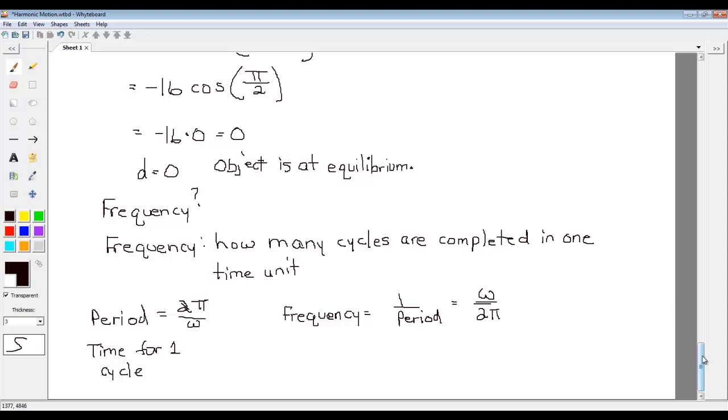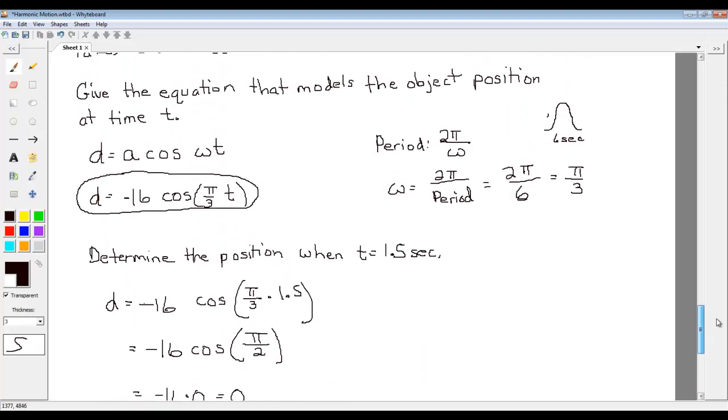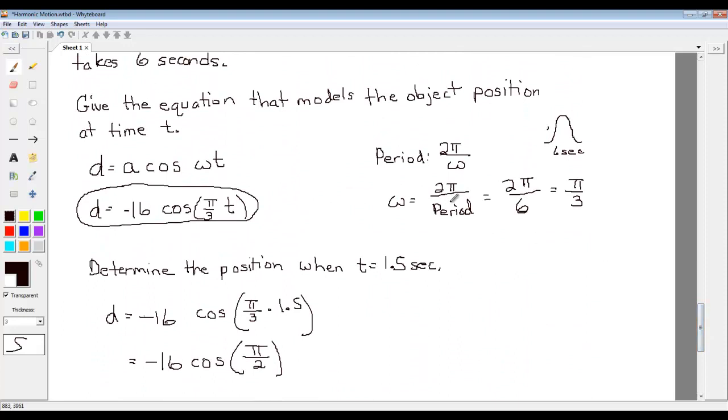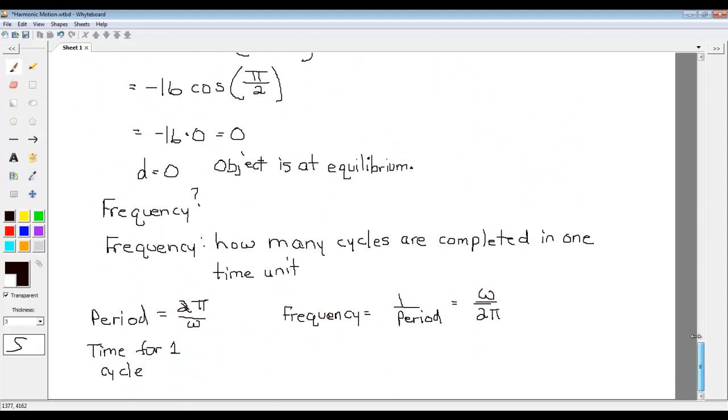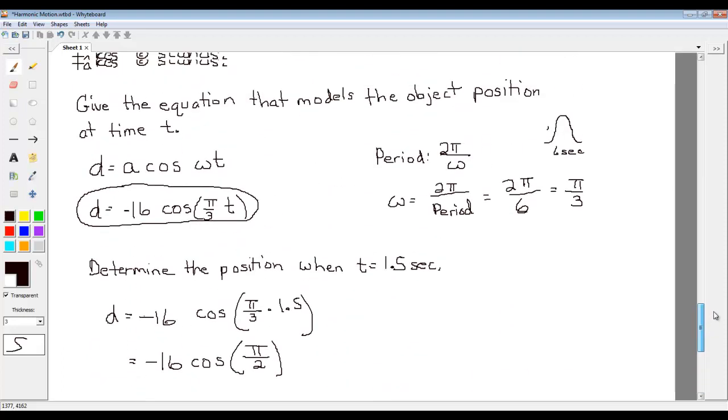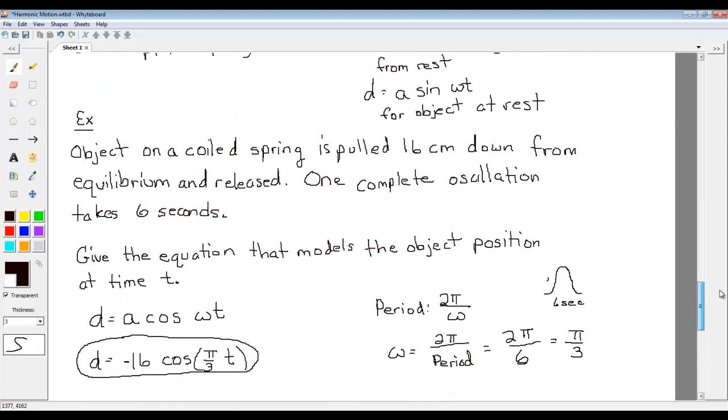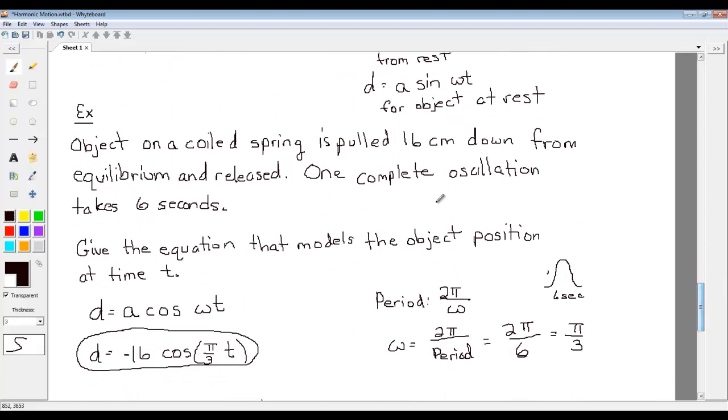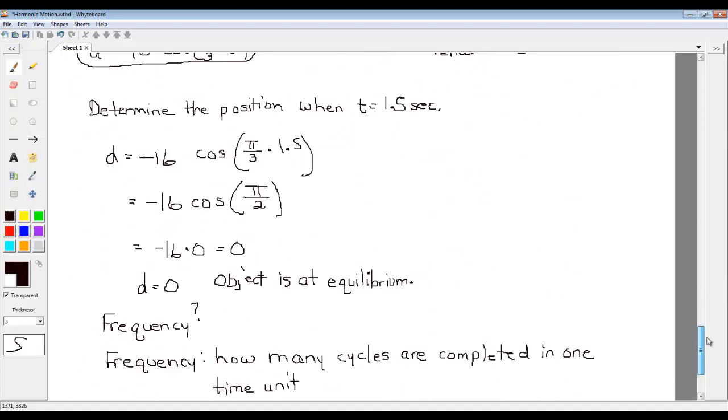So in our case, we knew the period was 6 seconds. Up here, period was 2 pi over omega, omega being pi over 3. But we found it's 6 seconds. One complete oscillation takes 6 seconds.